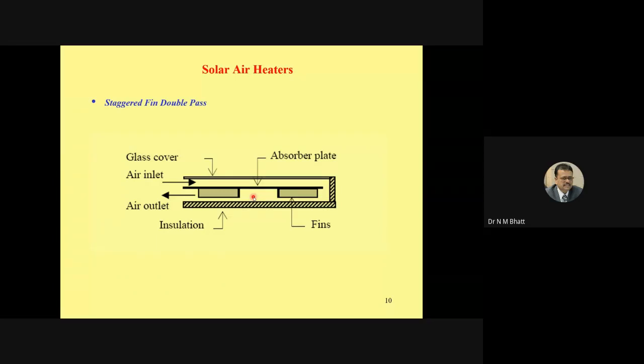Suppose you require the air at 150 degrees centigrade, you can't reduce the temperature to, let's say, 140 to increase the delta T. So your required temperature of 150 is fixed. So for the same air outlet or fluid outlet temperature, your absorber temperature should be as low as possible, because if you increase the absorber temperature, your losses from the collector are directly proportional to the absorber temperature.